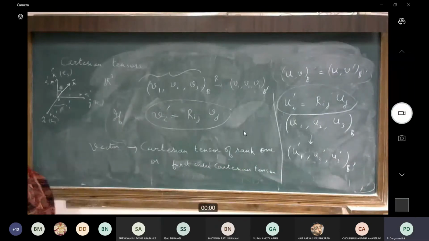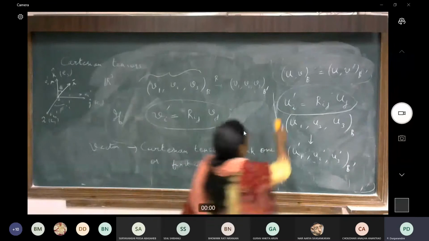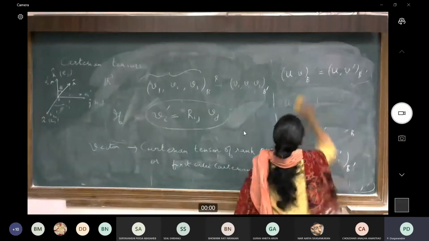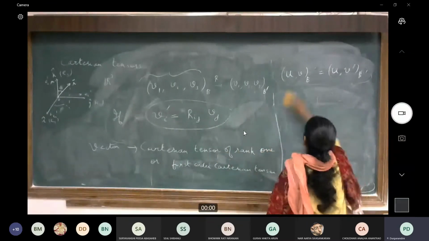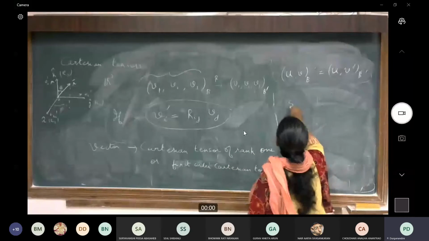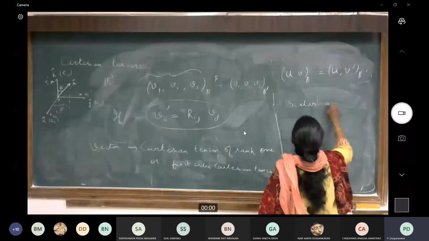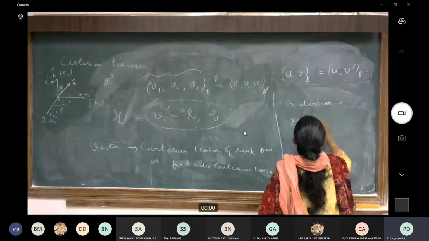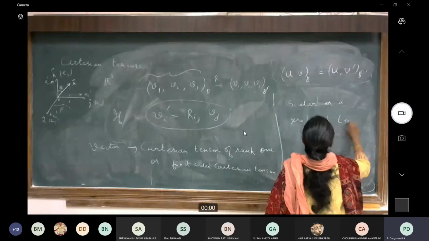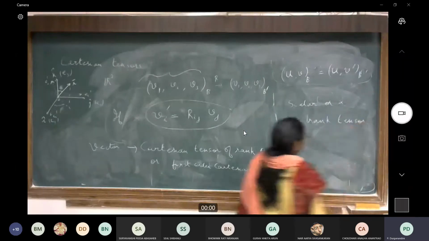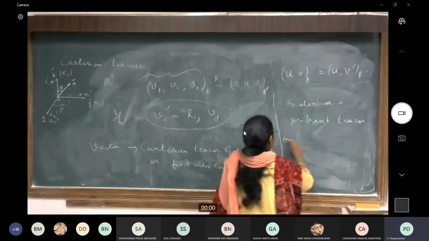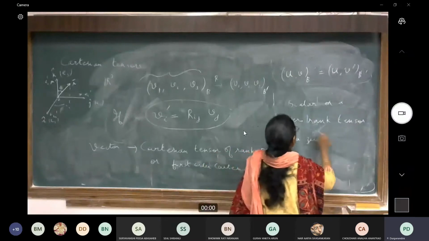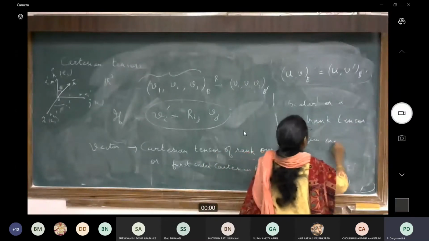Then I will define now a scalar as a quantity which does not change under rotations, or a zero rank tensor. So what we were calling a scalar, now we will call a zero rank tensor or a zero order tensor. Sometimes instead of rank, people call it zero order. In some books you'll find this.